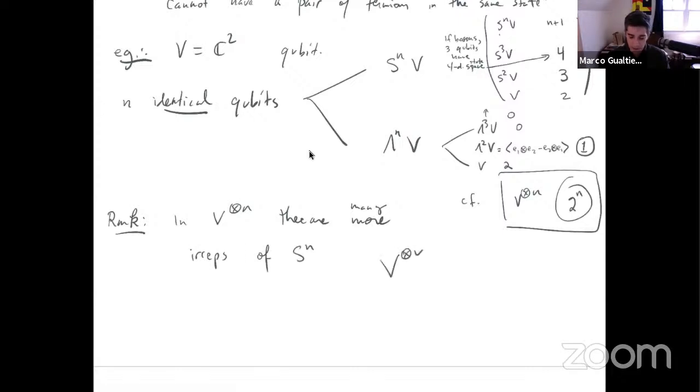V tensor n actually decomposes as a sum of irreducible representations. One of them is S^n V. One of them is wedge^n V. But there's a whole bunch of stuff in between, and these are indexed by so-called Jordan block. Sorry, what do they call them?